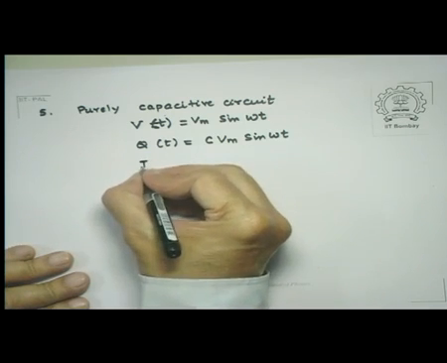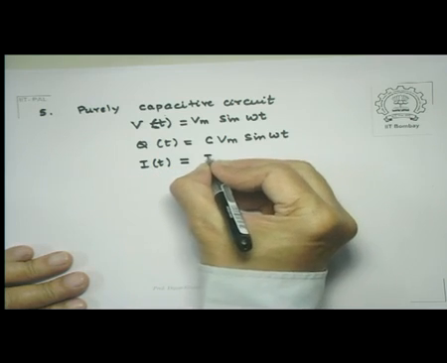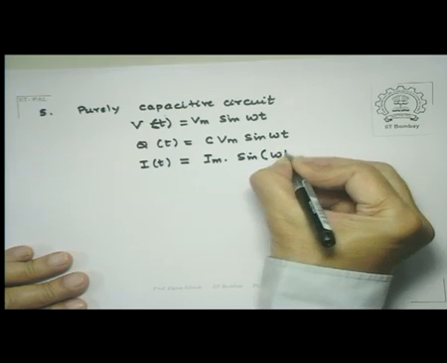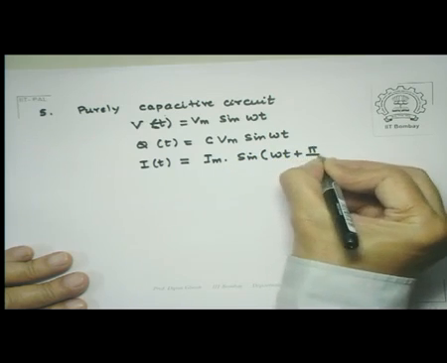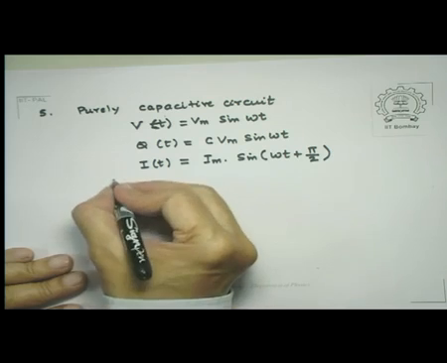The current at time t is given by Im times sin of omega t plus pi by 2. That is, the current leads the voltage by pi by 2.